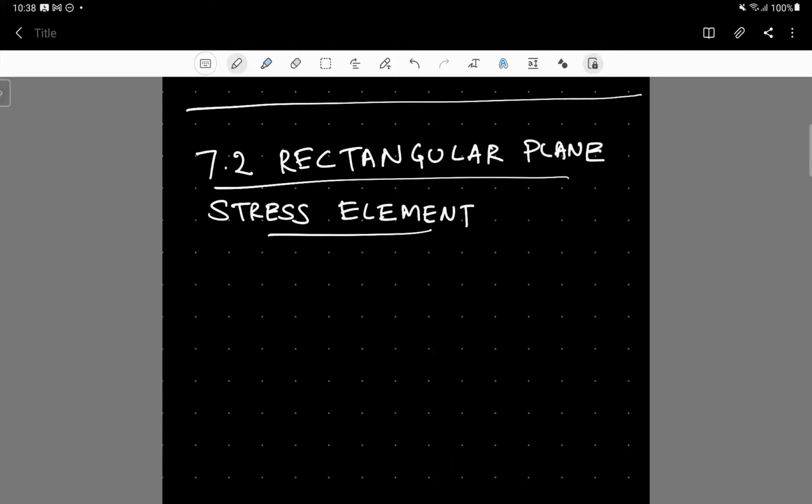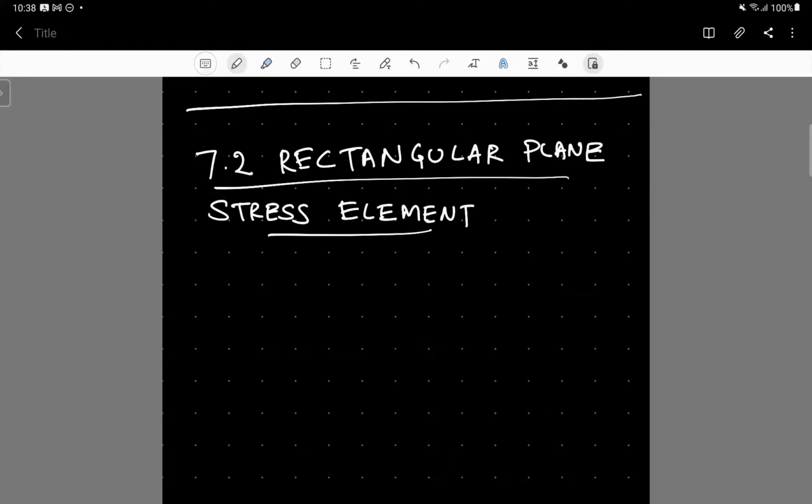Because the edges are straight and the linear displacements are quite straight when we talk in terms of a linear rectangle, this is not always the case when we think in terms of triangular elements, because small triangular elements can be implemented.